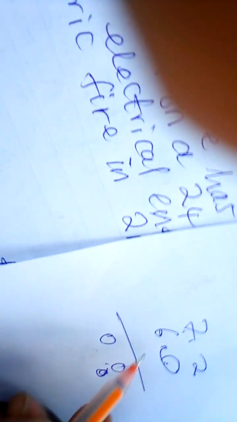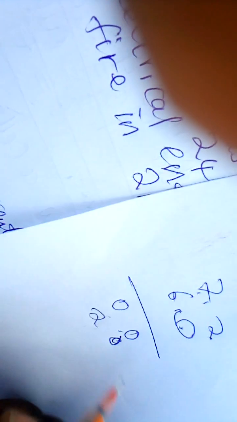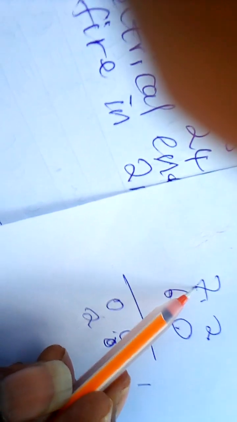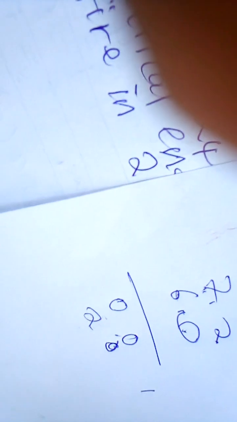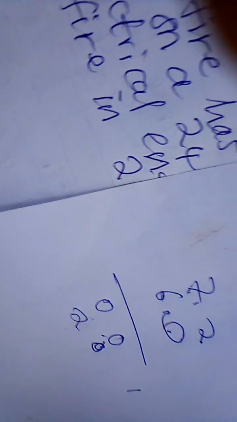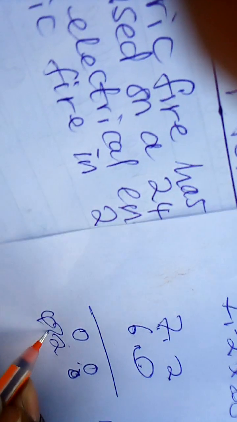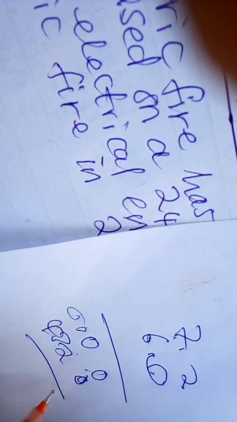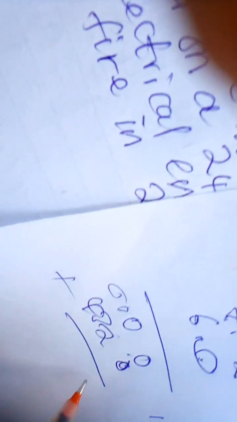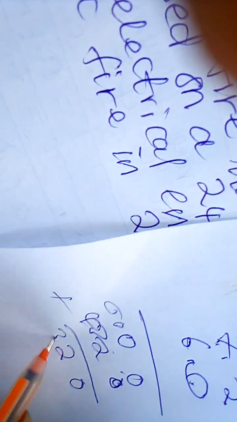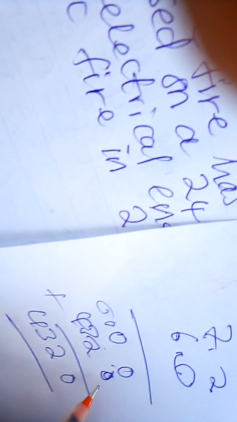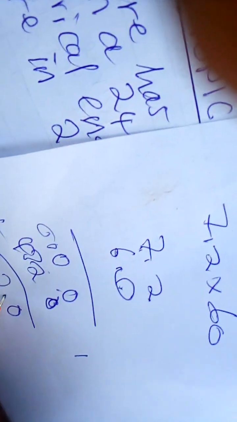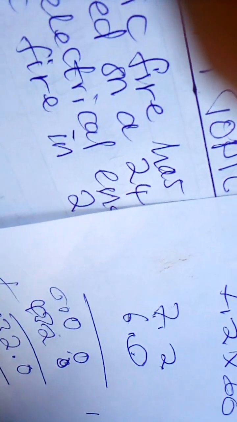Then 7 times 2 is 12, so we write 2 and carry 1. Again, 7 times 7 is 49, plus 1 is 43... so 0, 0, then plus 0, plus 0, 0. Here 2, here 3, here 4. Now, how many decimal places are there? Just 1. So the answer becomes 432.